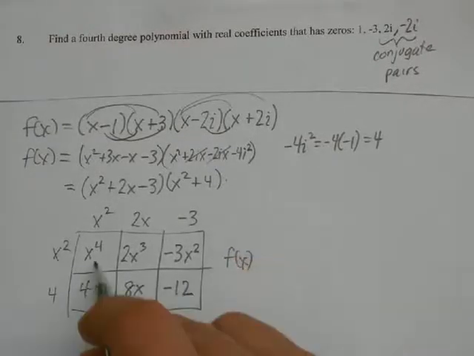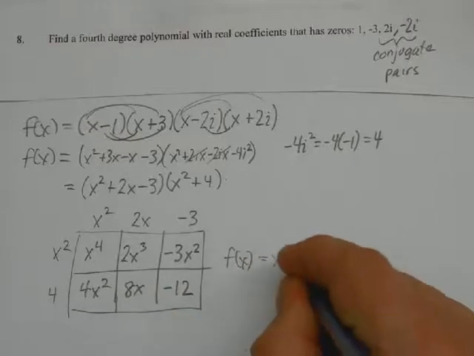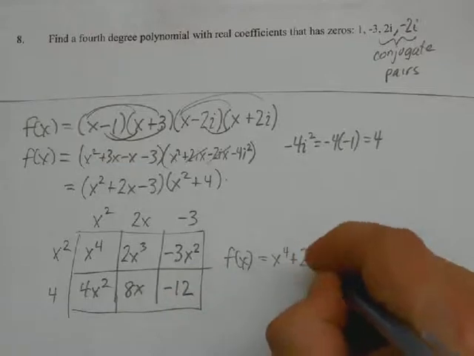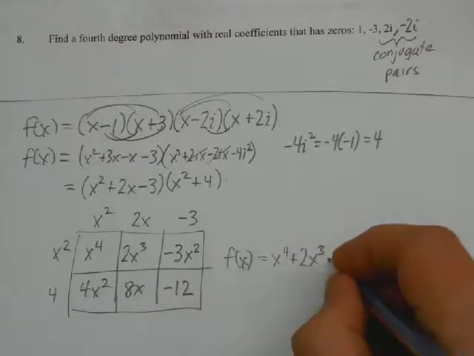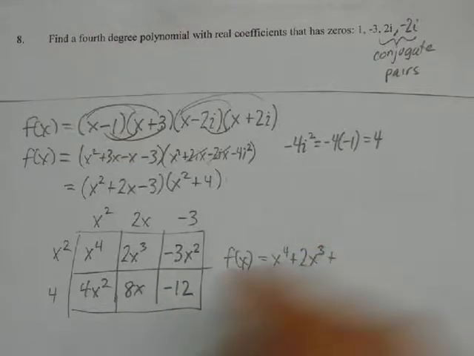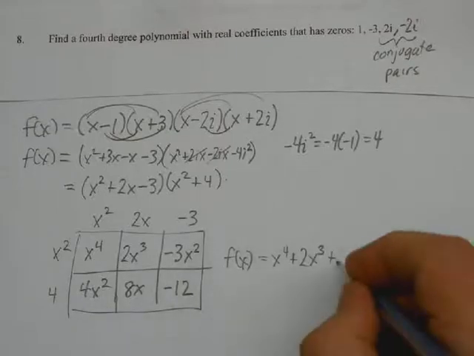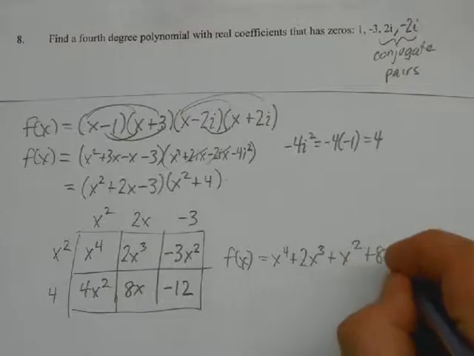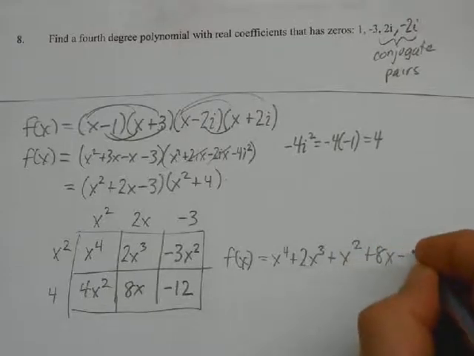So x to the fourth. Notice that these two are not like, so plus 2x cubed. Now these two are like terms, so plus x squared plus 8x minus 12.